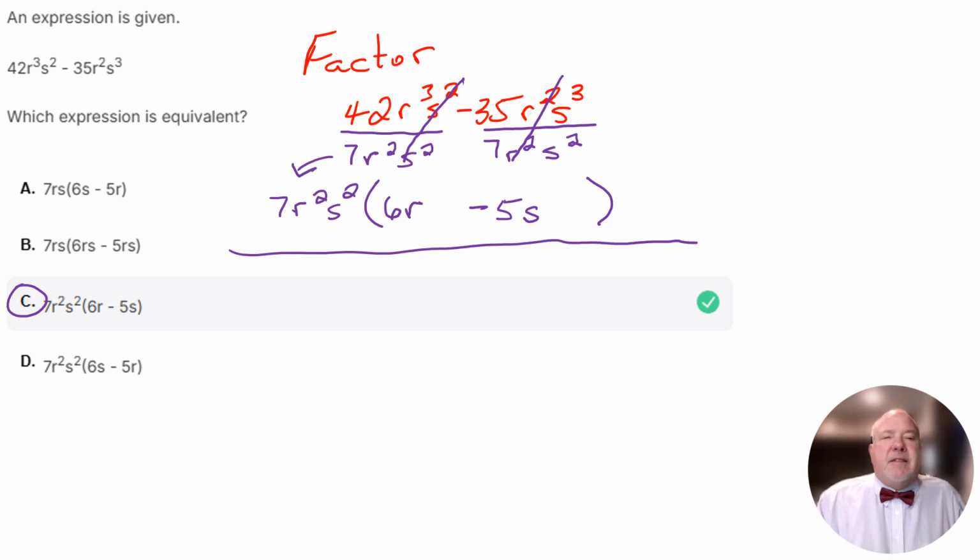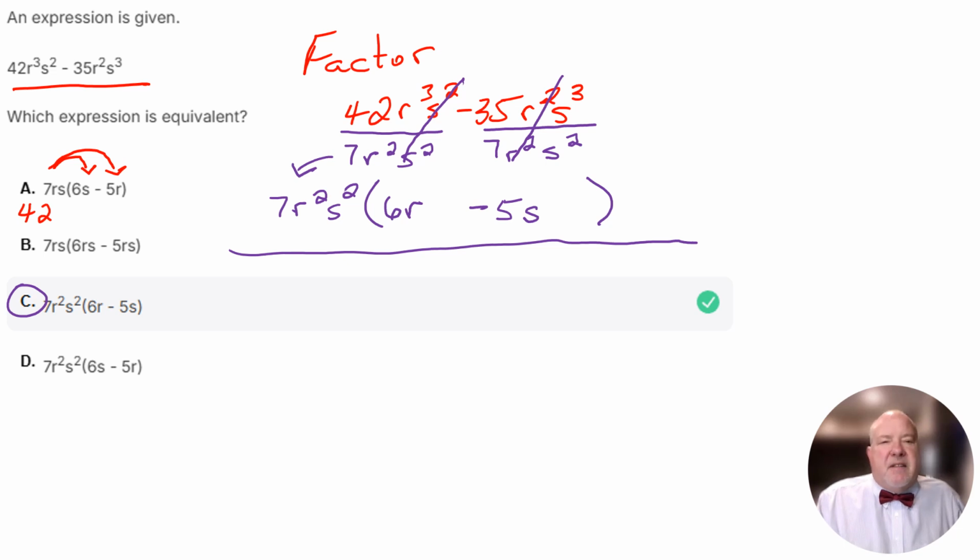So what I could have done is taken these answers and distributed in here and see if I end up with the expression that I started with. So what do I mean by that? So if I take this one, 7 times 6 would give me 42.